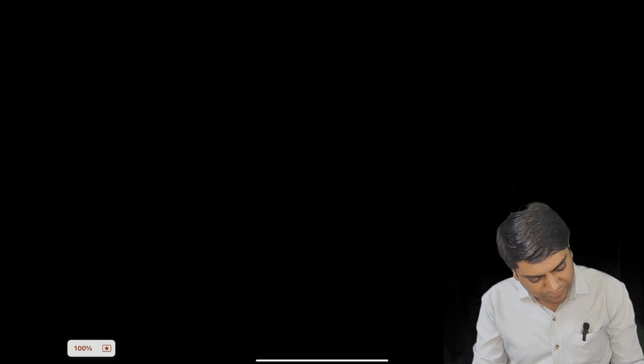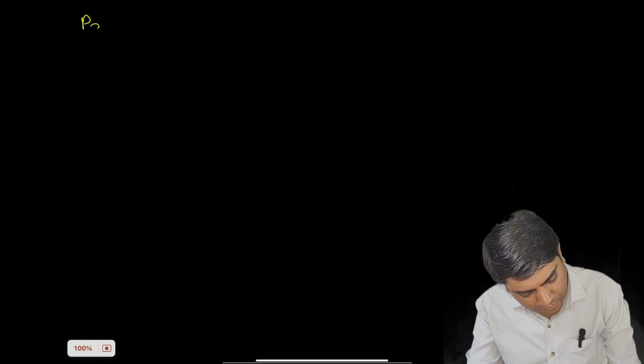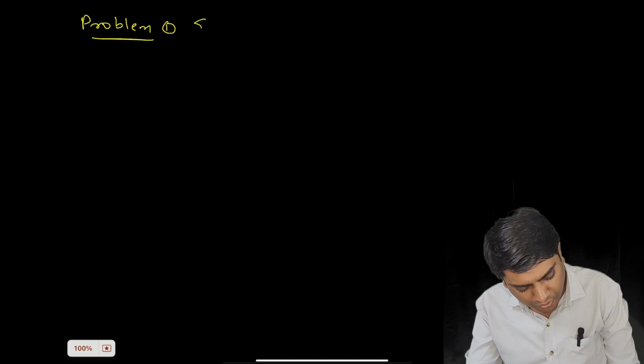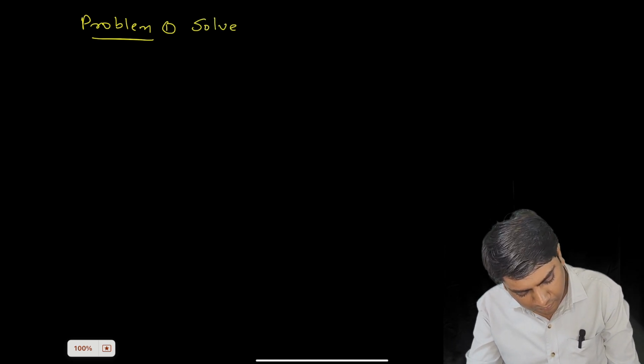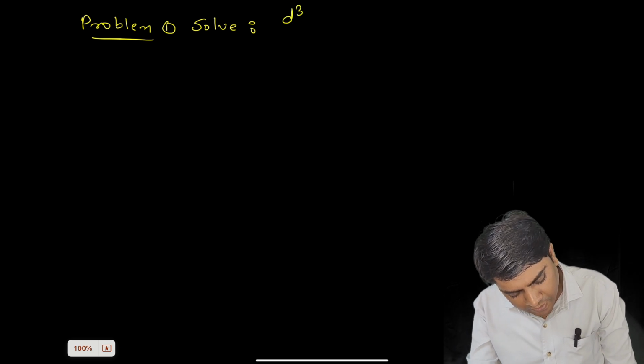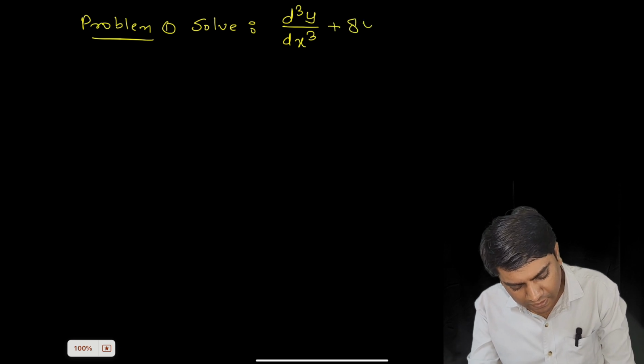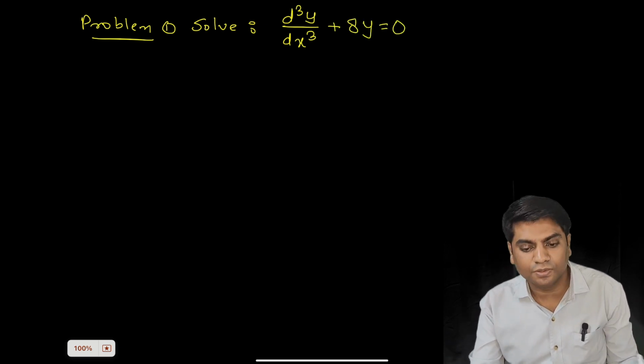Okay, so first problem I am going to take here. Problem number 1. Okay, so solve. Suppose I have the question d cube y upon dx cube plus 8y which is equal to 0.